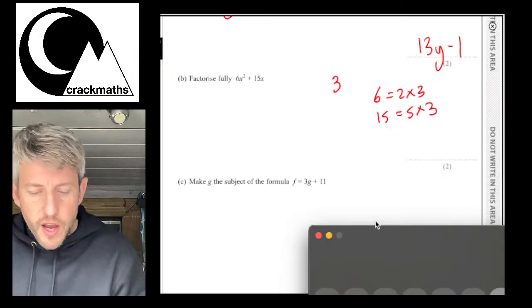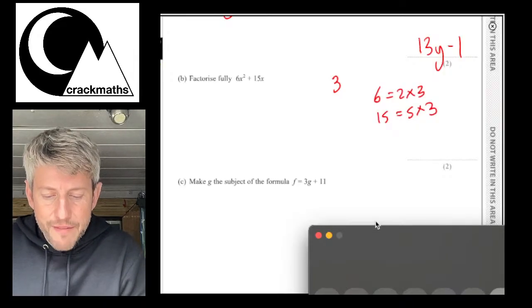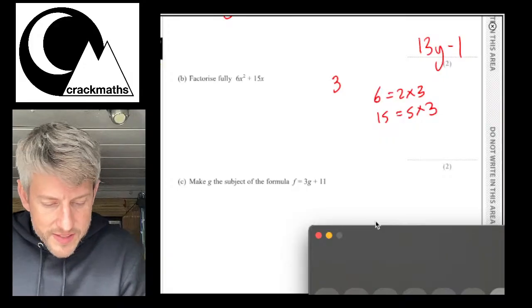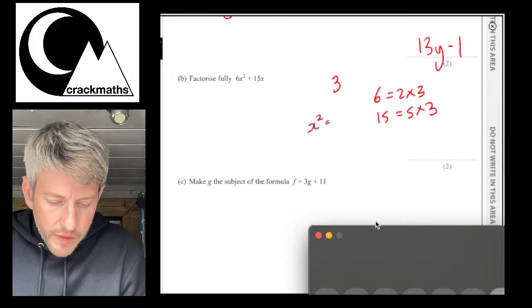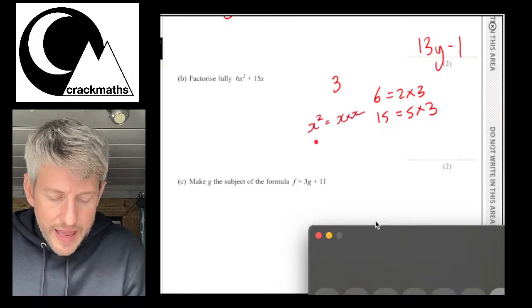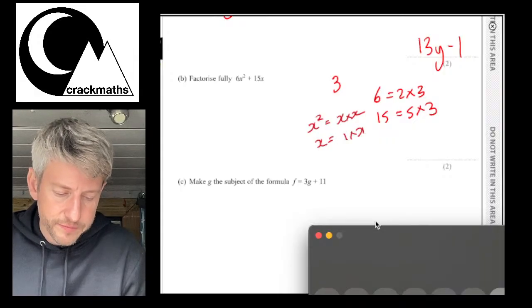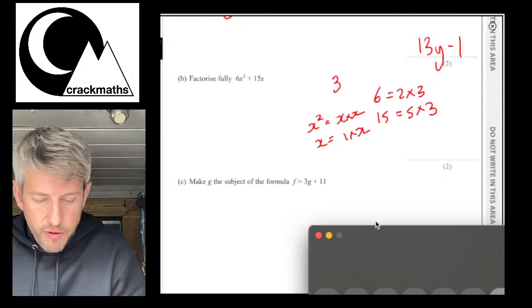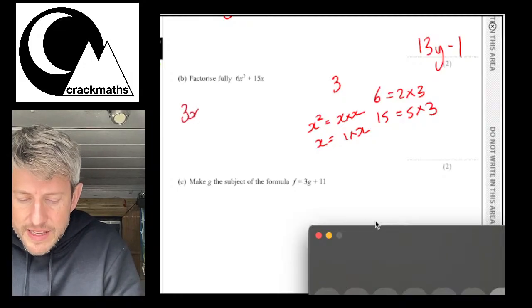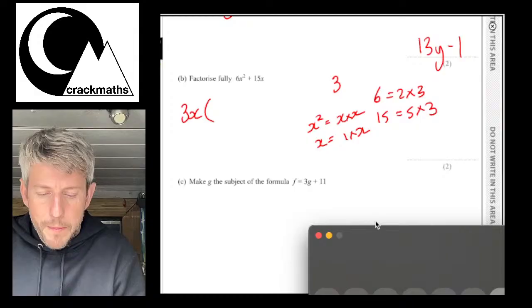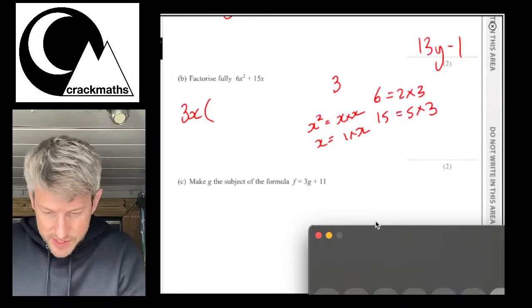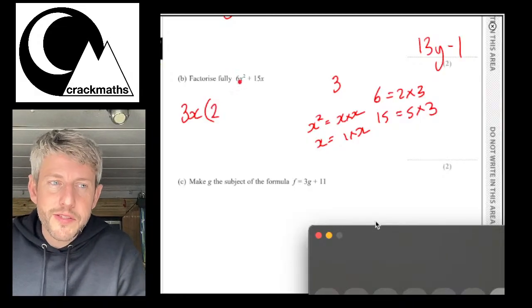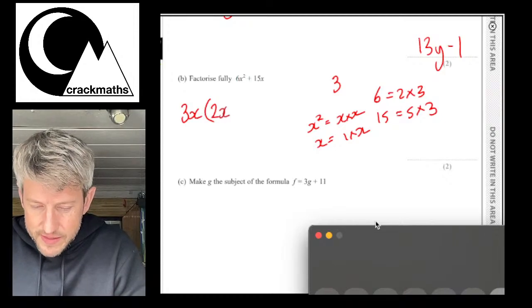And then they both actually have x here as well. So x squared equals x times x, and x just equals 1 times x. So I can take out both of these things. When I factorise this, I'm going to get 3x here. Now remember, 6 divided by 3 is 2. x squared divided by x is x.